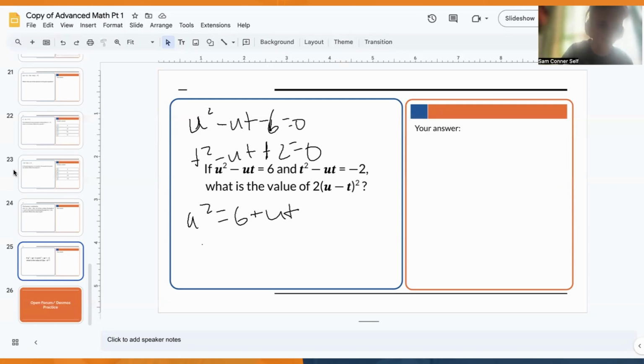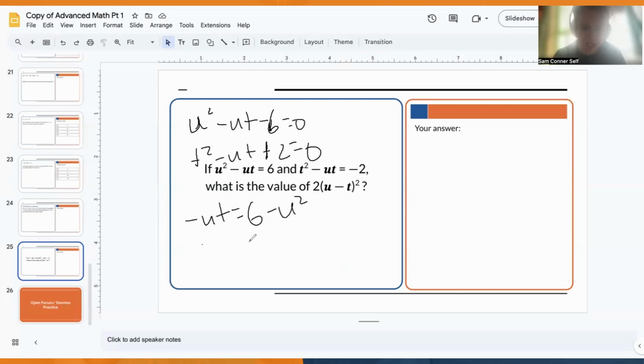So negative ut, let's do 6 minus u squared, all over negative u.